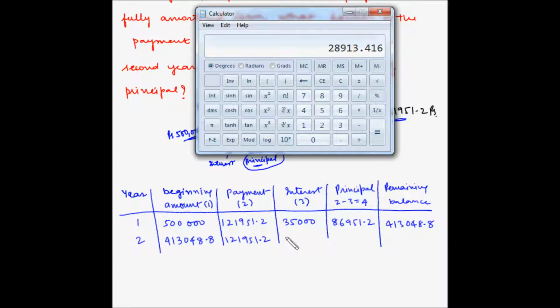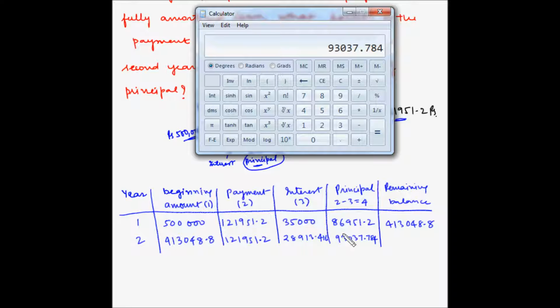So the interest amount is 28913.416. The principal will be the installment amount minus the interest, so we negate this and add 121951.2. So the principal amount is 93037.784.